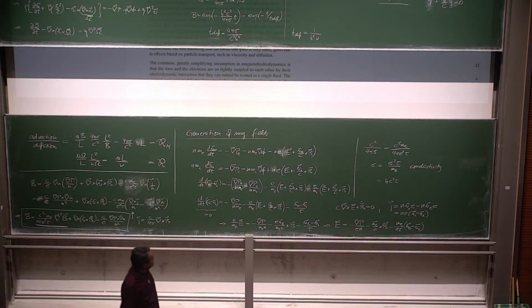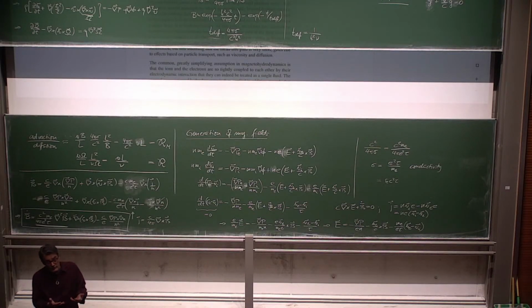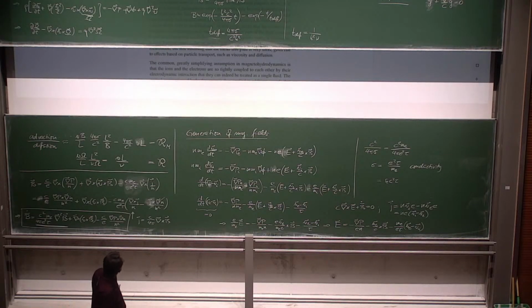Okay, then we looked at terms that we would have to take into account in the energy conservation equation if we had to. And this gets so complicated so easily that we usually don't do that. I also told you that you can get a set of closed equations from the continuity equation, the Euler equation, the induction equation, and an equation that relates the pressure to the density. Then you do not need the energy equation.